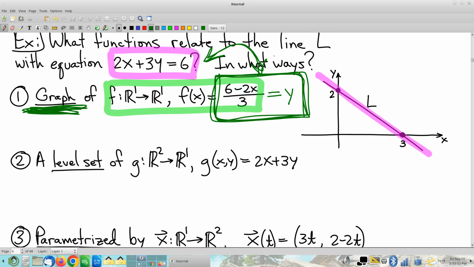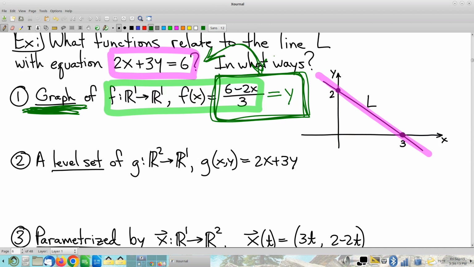Is everybody with me? Now, where did I get it from in the first place? Did I just pull this out of a hat? Did I consult my inner oracle? How did I come up with (6 minus 2x) over 3? The way you find this function is basically to work backwards through the argument that I just made.